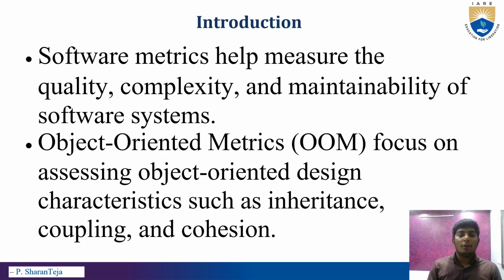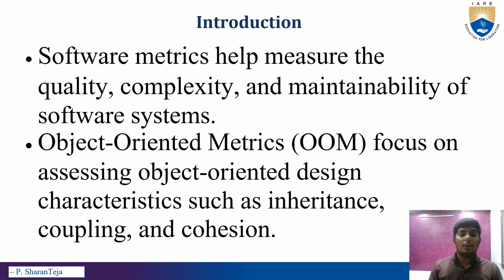Introduction. Before we go too deep into metrics, let us understand why we even need them. Metrics in simple terms are measurements. In software engineering, metrics help us assess qualities like complexity, maintainability, and performance.